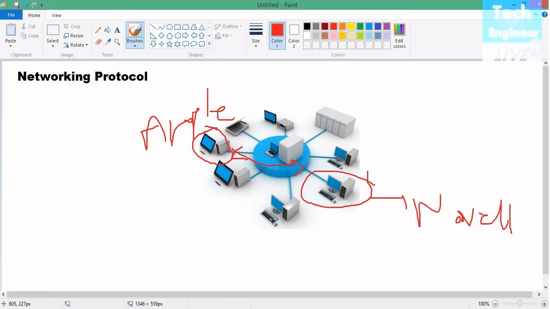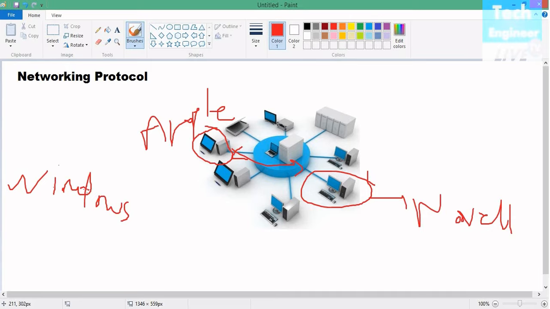That's the key, and that's the reason networking protocols are such an important part of our life. Without a standard protocol, we would not be able to communicate with each other. That's the reason a Windows computer can communicate with an Apple computer, and any kind of computer.